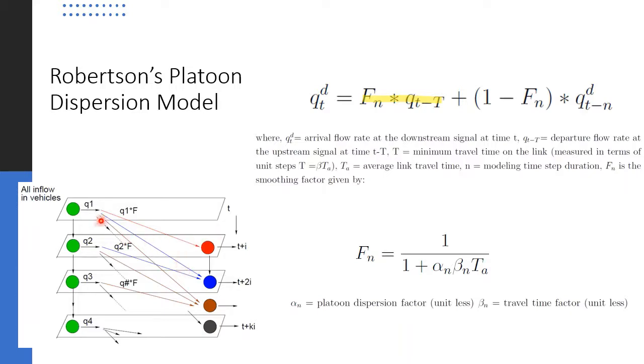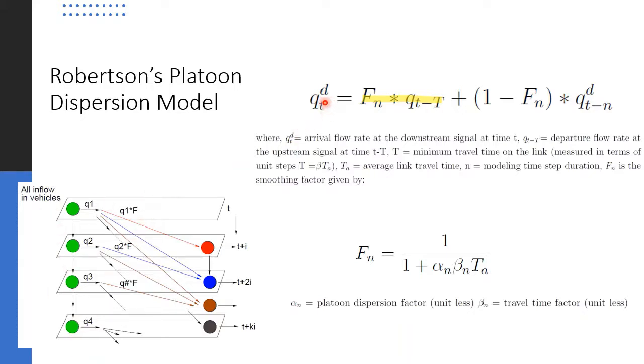That is what is given here. It represents the inflow of vehicles at the downstream end. So it's not only the present inflow, the output we are getting now gets added to the next time step. So it is actually a recurring process.